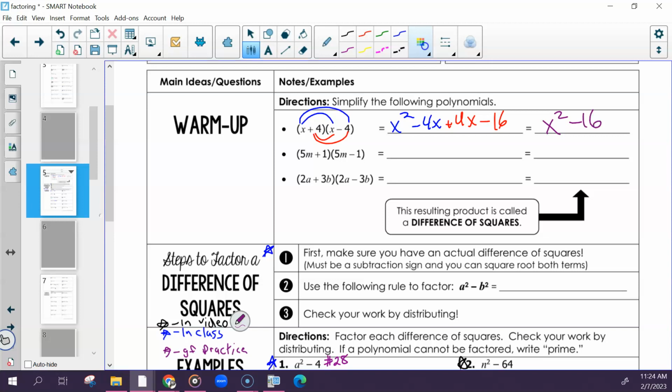Okay. Same thing for the next one. Multiply the first two together. 5m and 5m would give us what? 25m squared. Okay. 5m times negative 1.